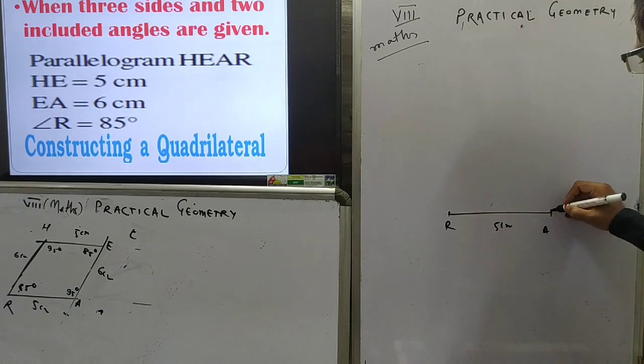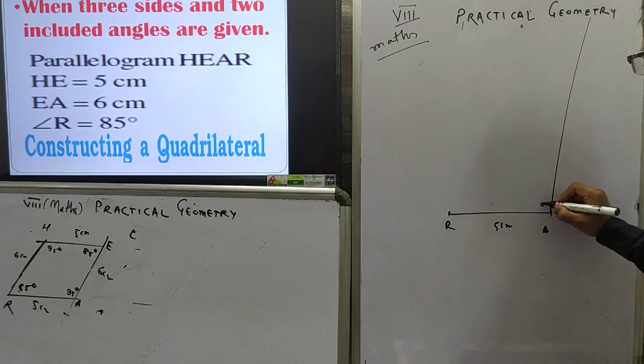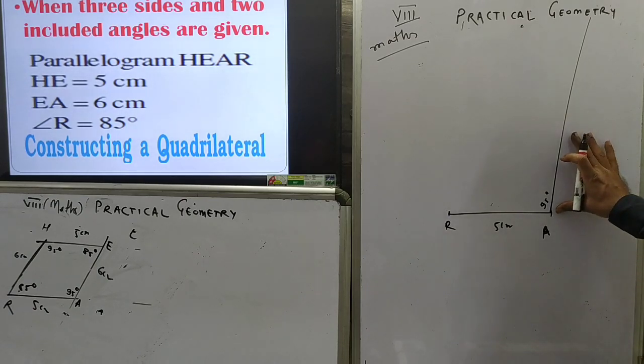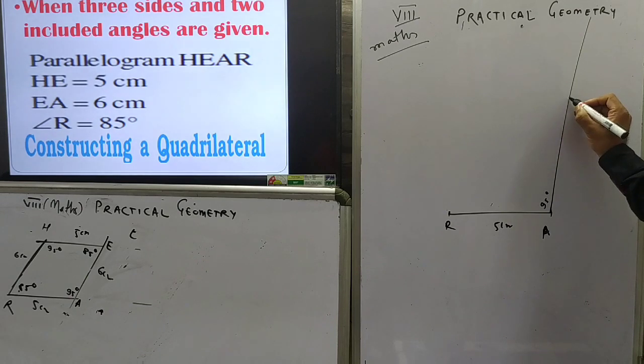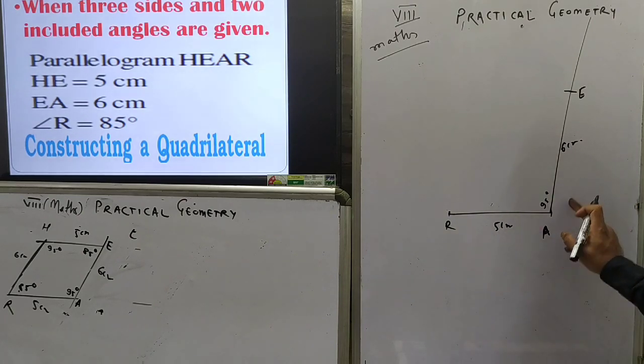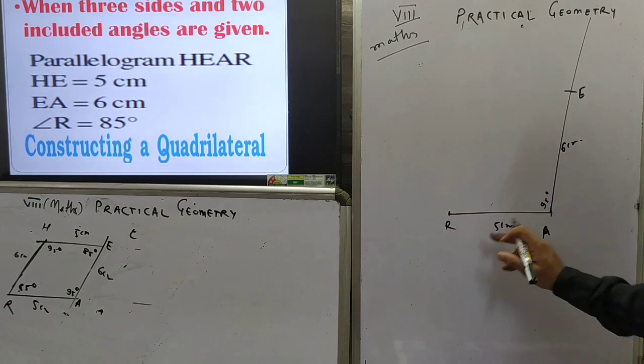This angle is 95 degree at point A. And on this A, you can take 6 centimeter distance, and from point A draw an arc intersecting this at E, and this is 6 centimeter. Now this is 5 centimeter, this is 6 centimeter.